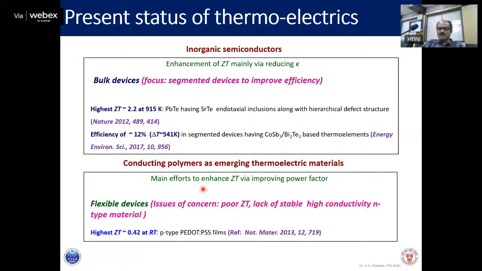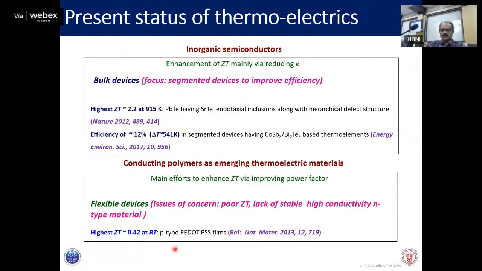In the emerging thermoelectrics, that is the organic based semiconductors, the advantage is that these are flexible devices, but the issues of concern are that these have very poor ZTs in organic materials, I'm talking about. Yes, and they lack stable high conductivity n-type materials. The highest ZT in organic materials is reported around 0.42.